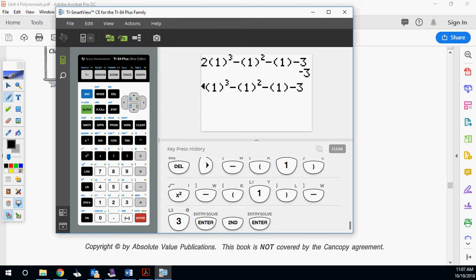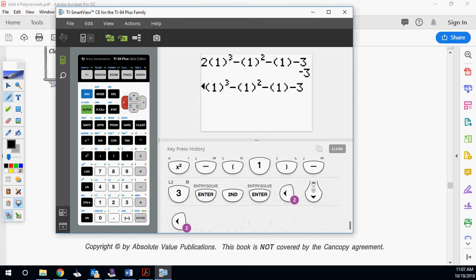If you want to put in -3, you have to do insert. So you go second. If I put in a negative, it moves on that bracket. We don't want that, right? So let's go second INS 3. It puts it in the bracket for you like that.